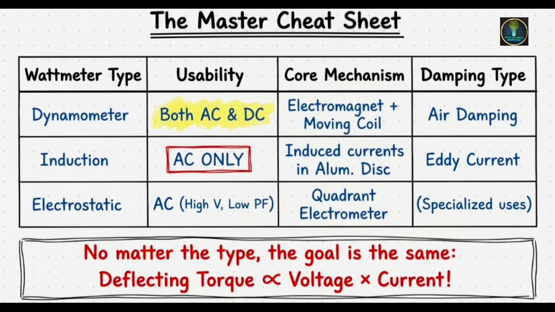Induction type: AC only, induced currents in aluminum disc, damping type: eddy current. Electrostatic: AC, high voltage and low power factor, quadrant electrometer mechanism, specialized uses.